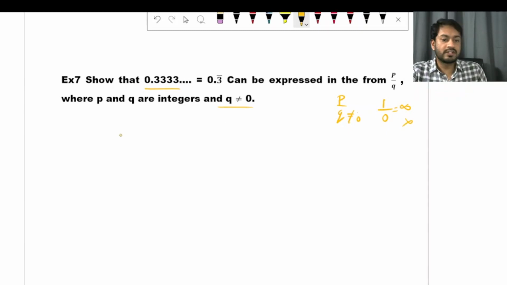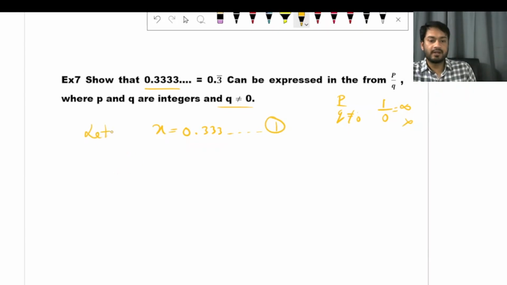So what we need to do here is assume that x is equal to 0.333 dash dash. This is equation number 1. Assume means let it. Now you can see the numbers are repeating and you have put 0.3 bar, so only one digit after the decimal has a bar. So if there is one digit with a bar, you need to multiply by 10.